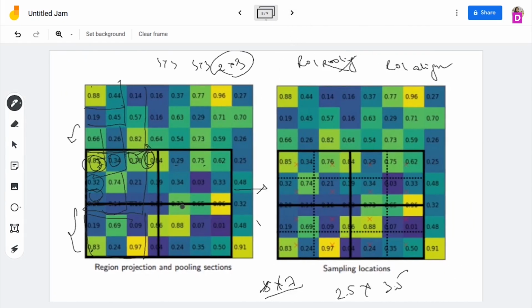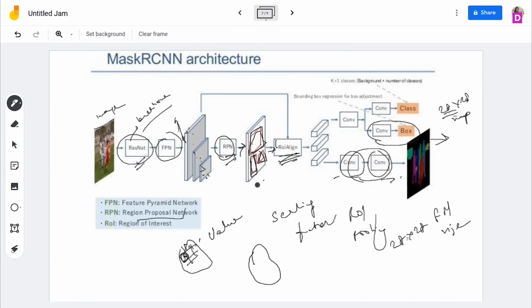ROI Align helps in not giving us irregular size boxes. Once you have that, the next thing is some convolutions, and then this is followed by the basic Faster RCNN structure. So you have convolutions which give the classes. The only classes we have to detect are whether it is background or not background, and then it will give you the bounding box values.